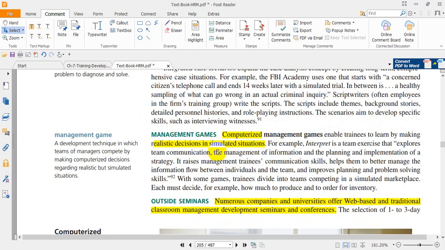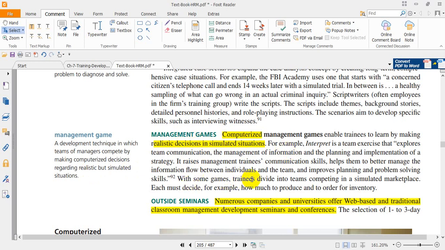Another off-the-job technique is management games. Computerized management games enable trainees to learn by making realistic decisions in simulated situations. So in management games, we use computers, simulation programs, or software to educate employees how to make realistic decisions.